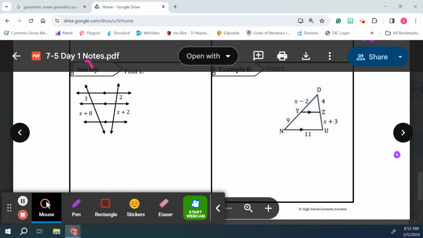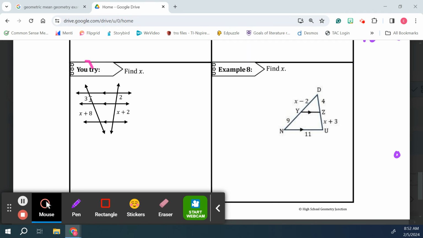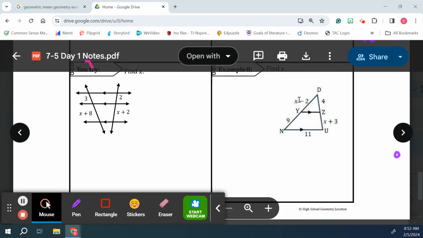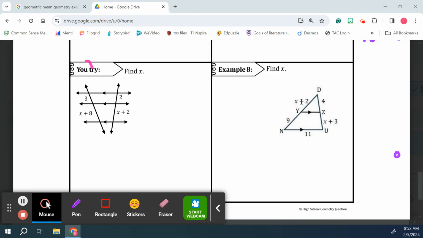There you go. Good job. So if you take a look at the first one, again, you are just setting this up. Why would she get rid of a negative? It won't work right here, right? If you substitute a negative 7, you get a negative length. That's not good.